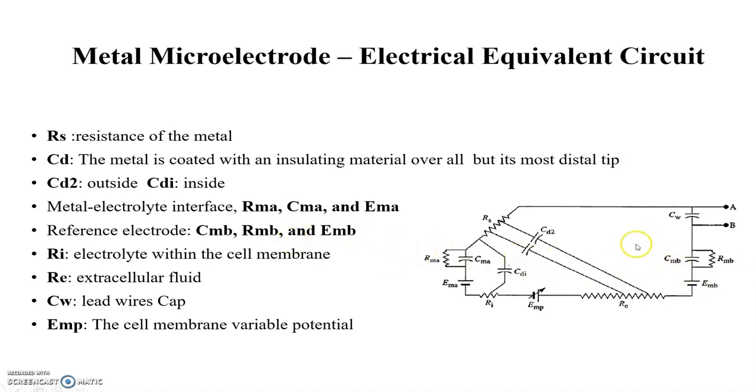CW is the lead wire capacitor, and CD2 is the distributed capacitor between the insulated shaft of the microelectrode and the extracellular fluid. CDI, the capacitance between the tip of the microelectrode and the intracellular fluid, is negligible because the potential difference across it does not change.